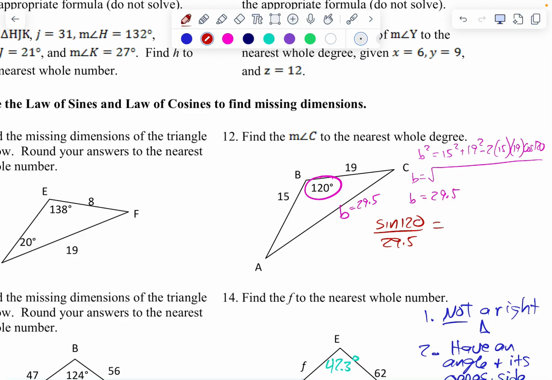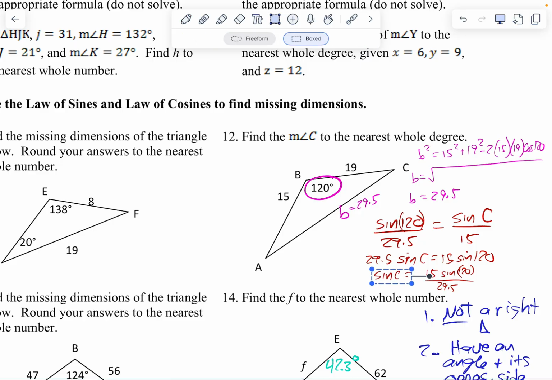The known relationship, sine 120 over 29.5. And then we have sine of C over 15. And so we'll just set up that 29.5 sine C equals 15 sine 120. And divide by 29.5. And take the inverse sine of both sides.